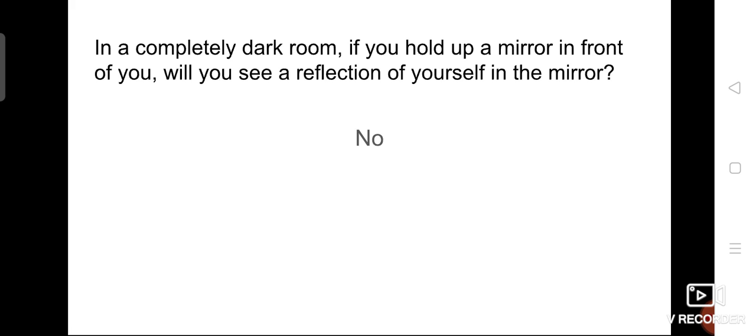Here the mirror, an opaque object, is there, but no light because it is a completely dark room. So without light, no reflection takes place, so no image will be formed. So the answer is no. Okay, understand? So these are the four questions given in our textbook. Go through the video again so that you will get a clear idea. Okay, thank you.